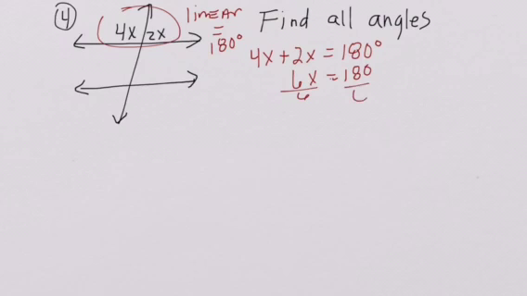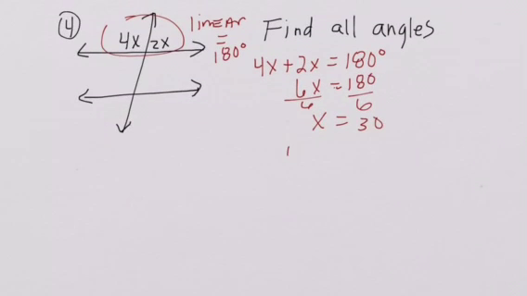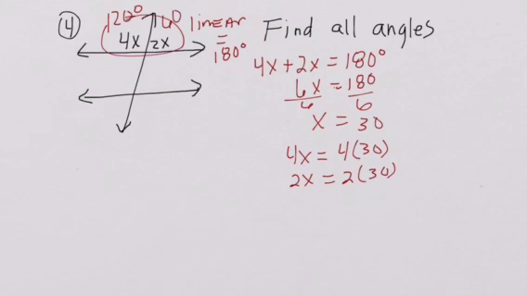Divide by 6, divide by 6. X is equal to 30. So if x equals 30, the first angle is 4x, so it's going to be 4 times 30, which is going to make this angle 120 degrees. The second angle is 2x, so it's going to be 2 times 30, which is going to make this angle 60 degrees.